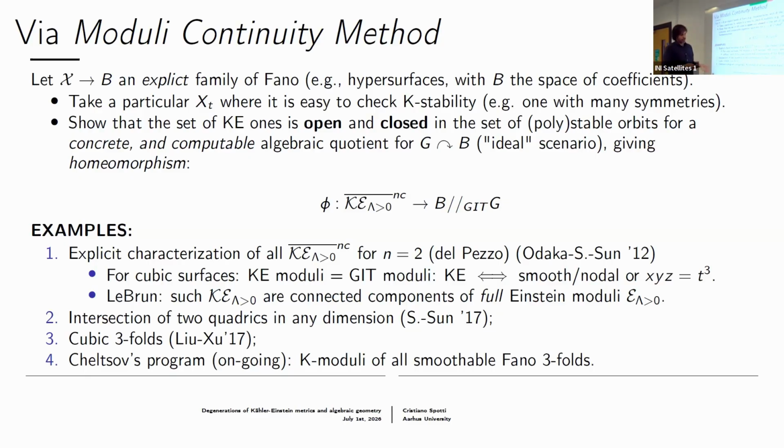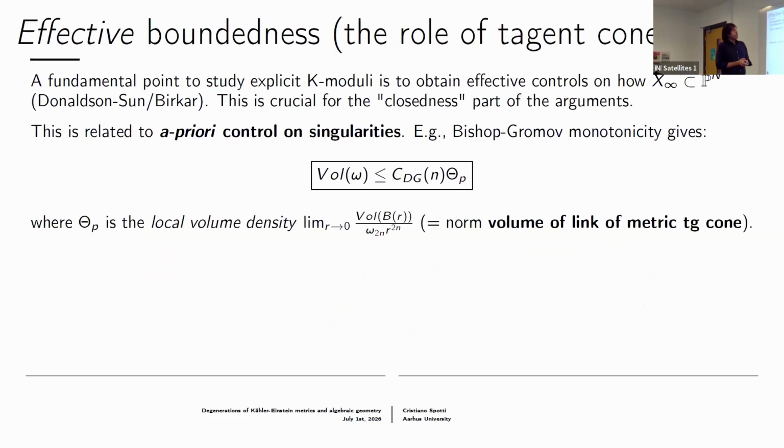And okay, there have been generalizations of this idea. But what is essential in this idea to get more explicit examples of a moduli space is to go from general existential bounds like Birkar's BAB or Donaldson-Sun to something that is more effective. So we need to take down the dimension of the P^N or the family where we find our space.